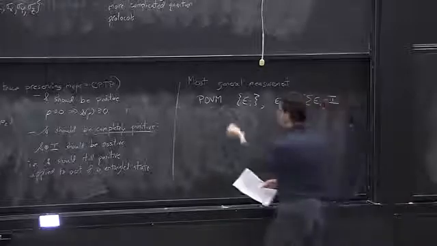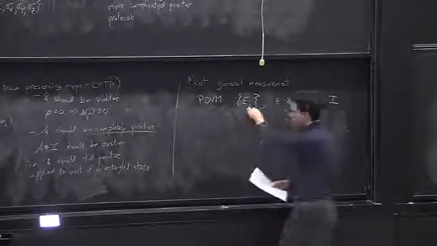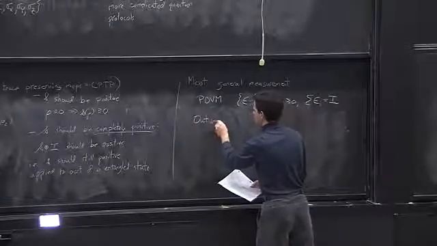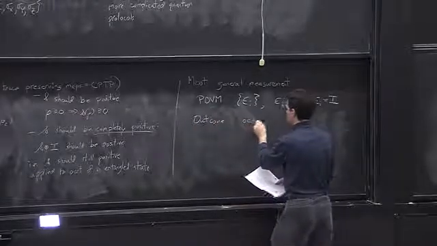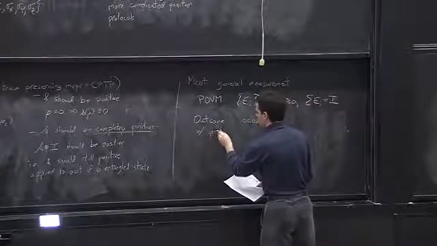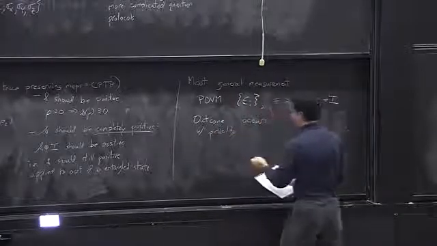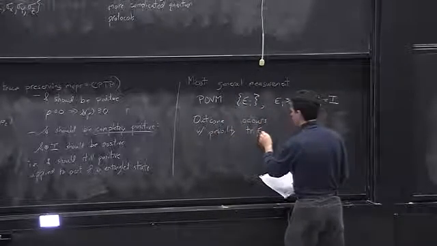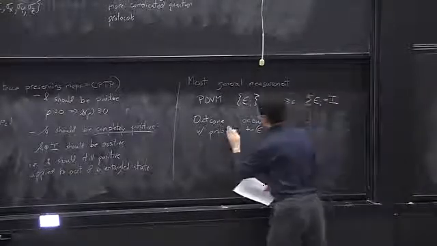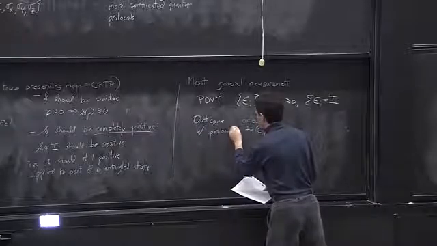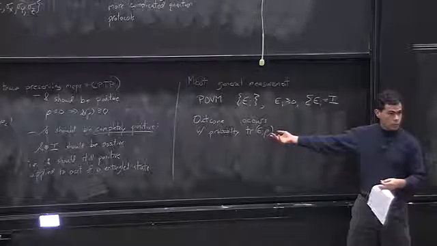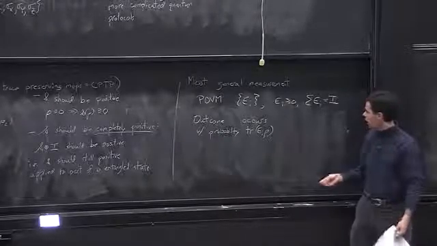And then what this means is that you have a bunch of possible outcomes indexed by i. And outcome i occurs with probability trace of E_i rho when you measure the state rho.